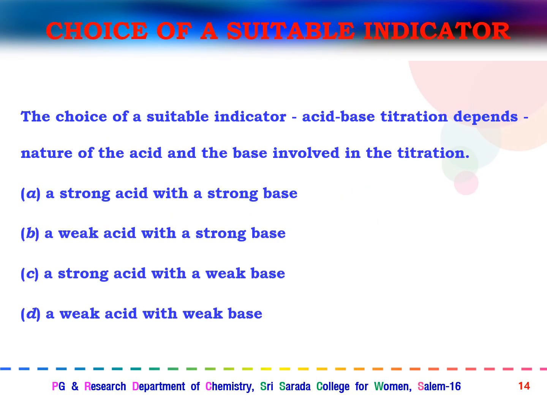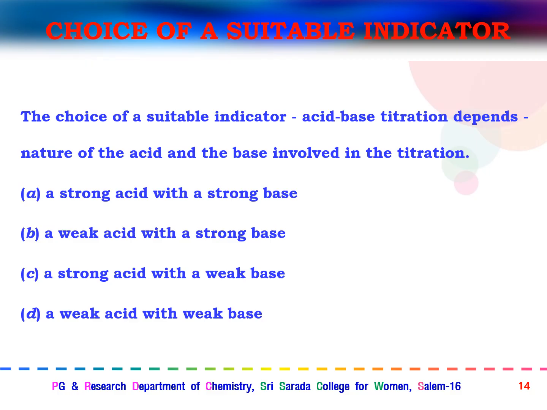So far, we have seen what is meant by acid-base indicators and what are the theories behind the indicators. Now let us see the choice of suitable indicators. The choice of a suitable indicator for a particular acid-base titration depends on the nature of the acids and bases involved in the titration.